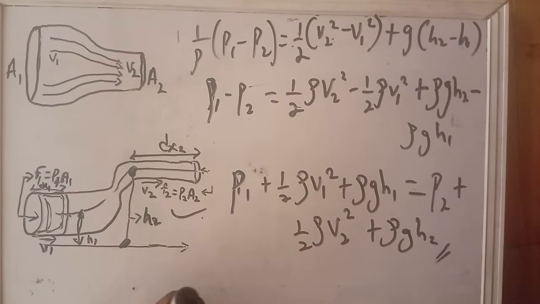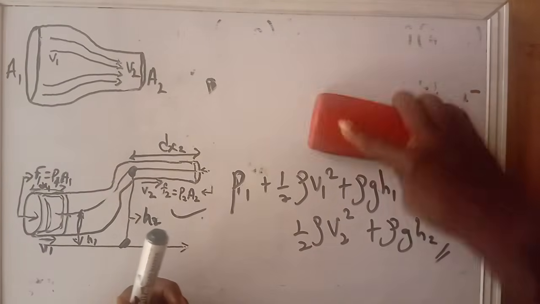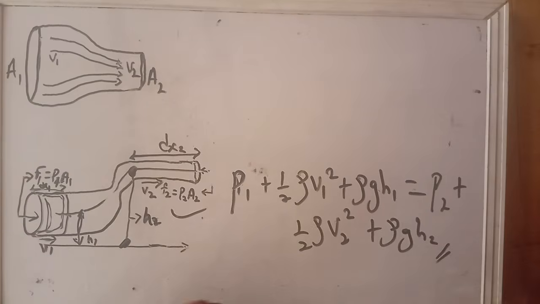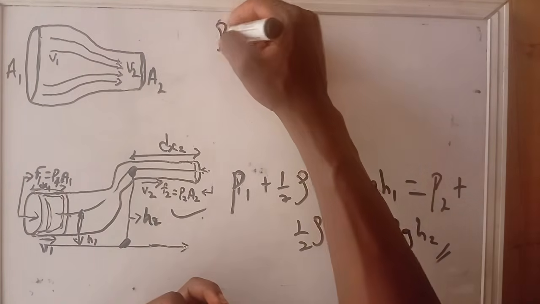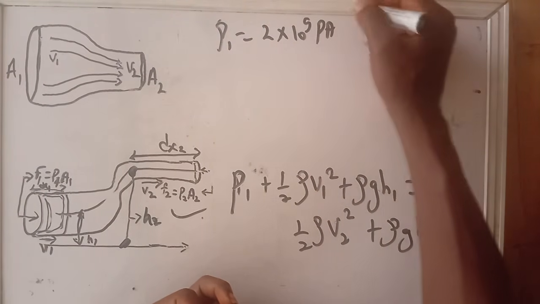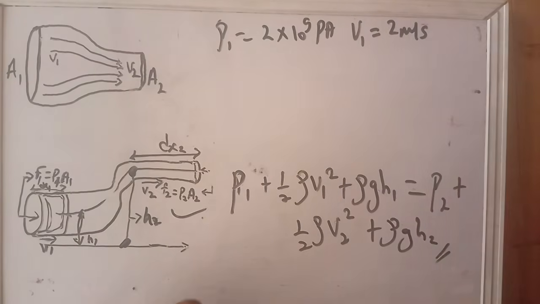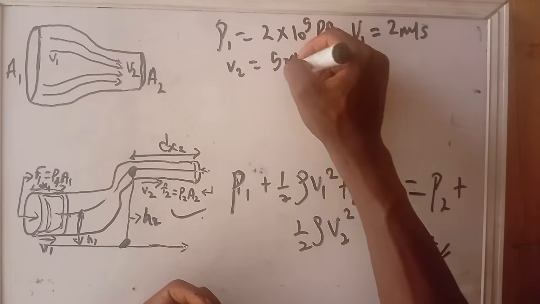Now I think I have a question here. If you don't understand, please drop a comment. No problem. Let's say we are given a particular question. Maybe P1 equals 2 times 10 raised to power 5 Pa, V1 equals 2 meters per second, and V2 equals 5 meters per second.